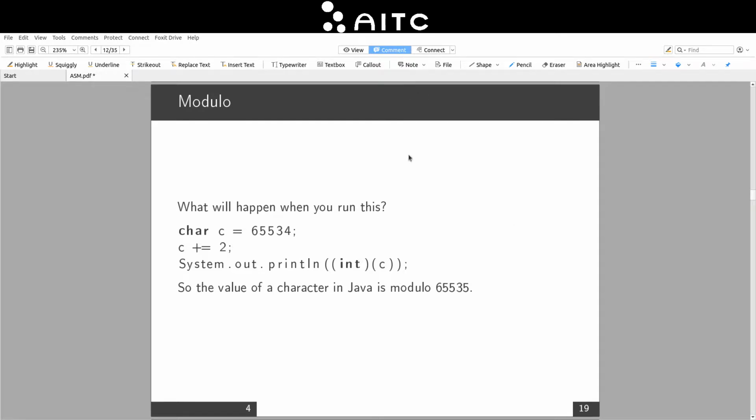I can't see. Okay, that's all I can see. What happened? Okay, this is the first page.